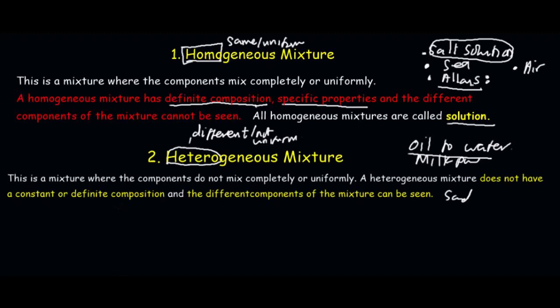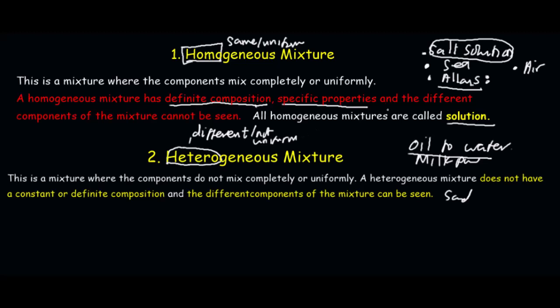Now, I want us to take a look at some differences between homogeneous and heterogeneous mixtures. For a homogeneous mixture, the components mix uniformly, whilst for a heterogeneous mixture, the components do not mix uniformly. Homogeneous mixtures have definite composition, whilst heterogeneous mixtures have no definite composition.